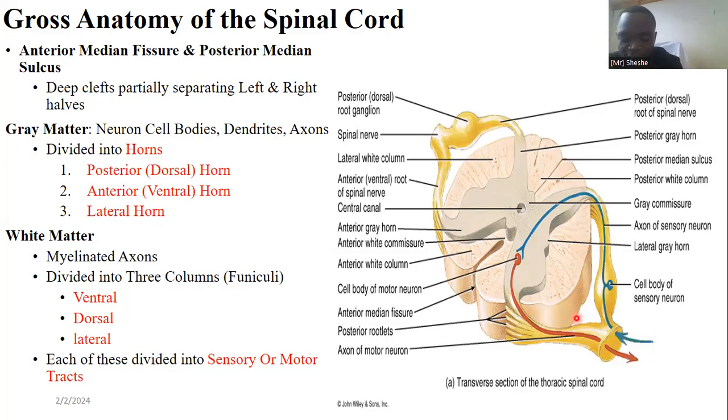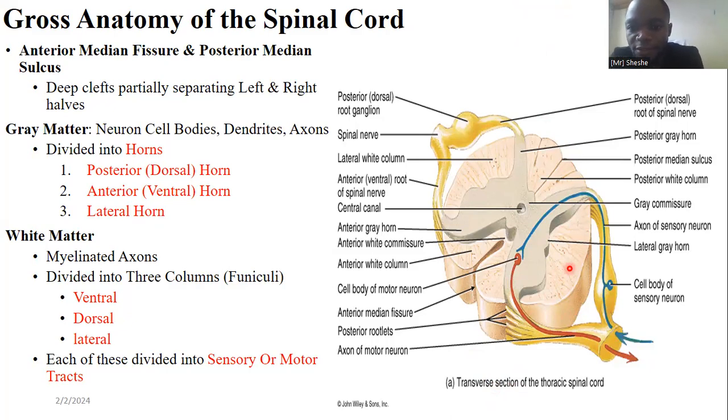Now, what do we mean by tracts? Here we have bundles of nerves that are transporting impulses to and from the brain. So the brain will be up here, then this is the spinal cord, then down there we have the coccyx. We have nerves that are transmitting impulses towards the brain.